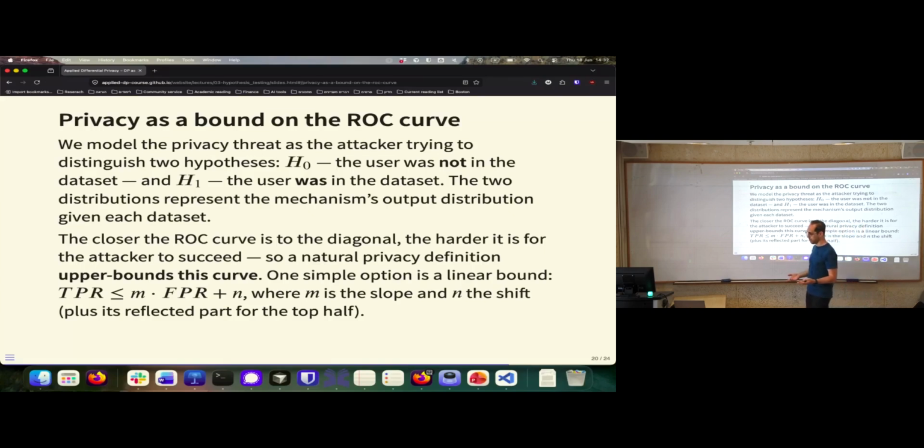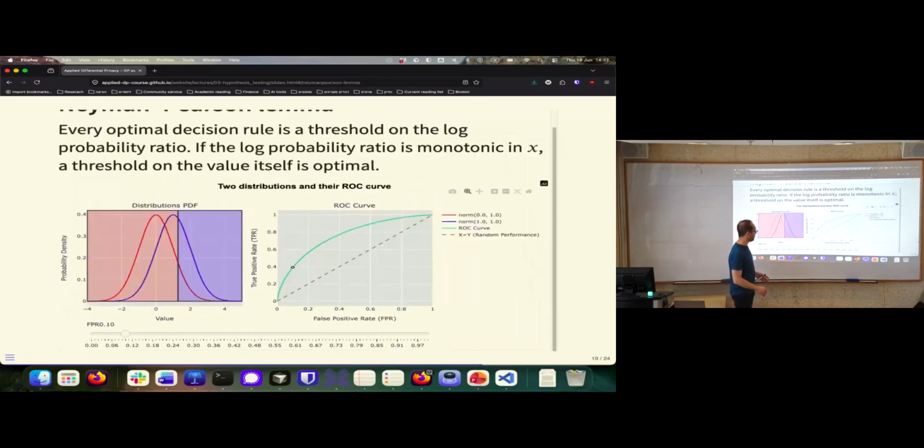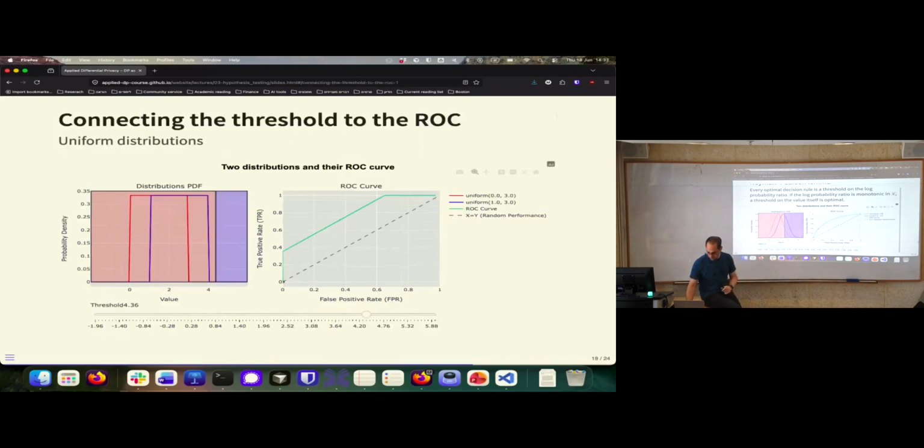Because there are many plots that I can draw, some of them will go up further at the beginning, but then will plateau. For example, think about these two. Can you tell me which of these trade-off functions is better? I don't know. One of them at the peak is worse.